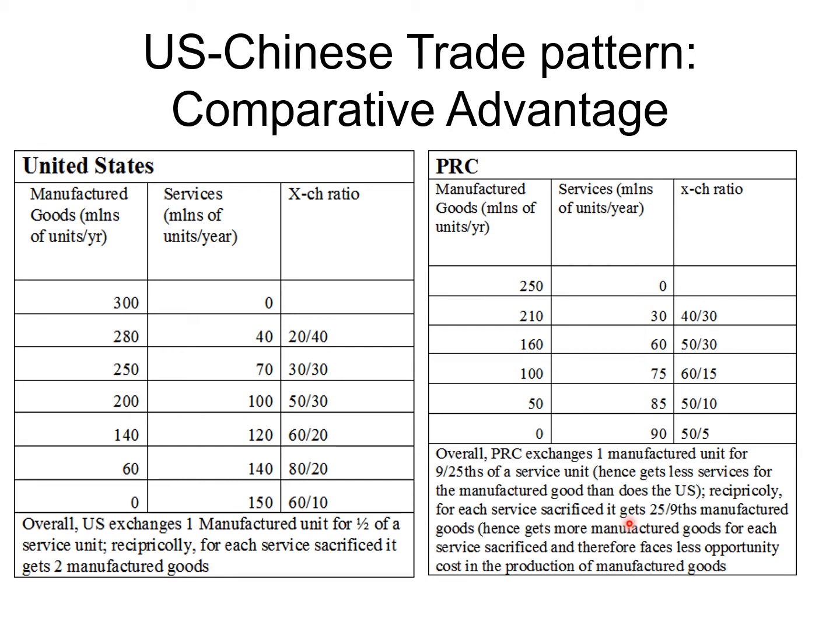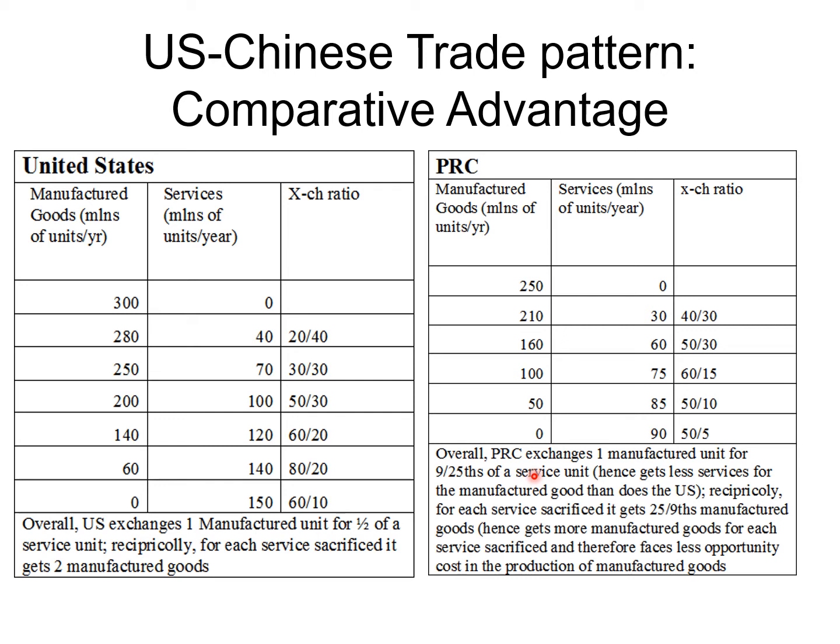Over here in China, it's a very different story. Look at their sacrifice ratio. If they transfer out of 250 manufactured goods, they get only 90 units of services, right? And so for every 1 manufactured unit, they get 9/25 of a service.